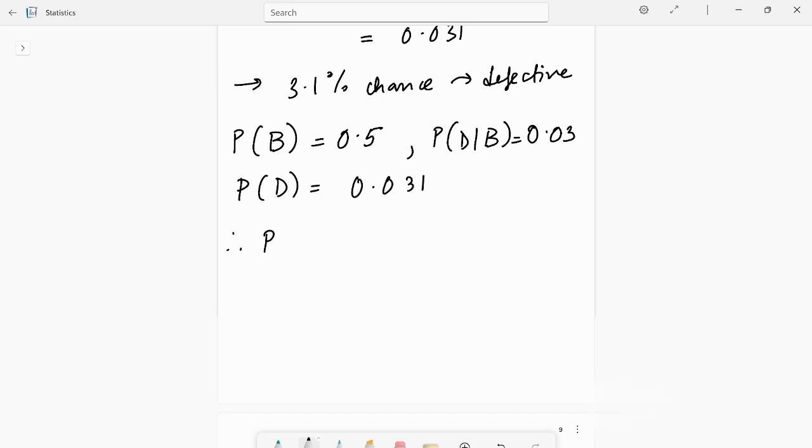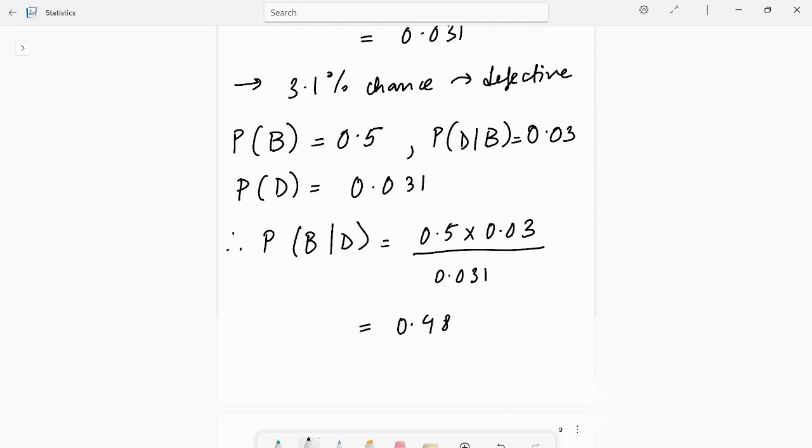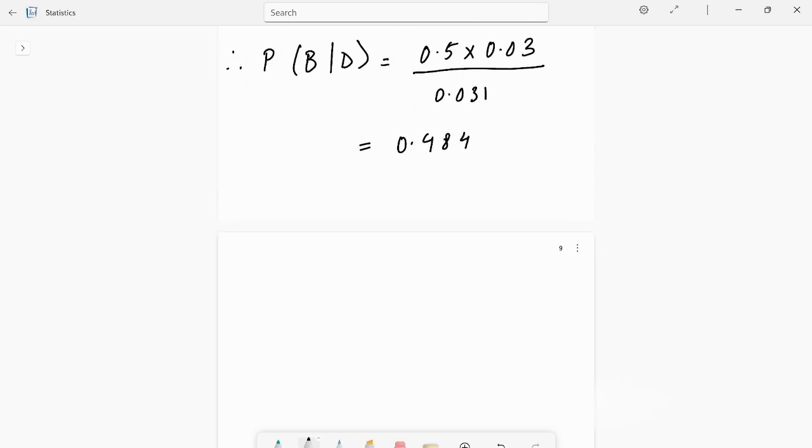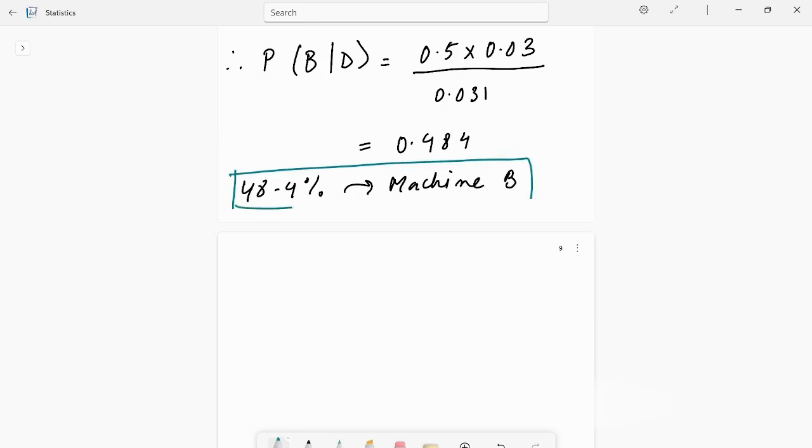Therefore, our required answer will be 0.5 times 0.03 divided by 0.031. The answer is 0.484. So there is around a 48.4% chance that a defective item came from machine B. So this is our required answer.